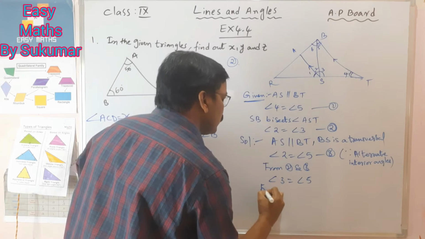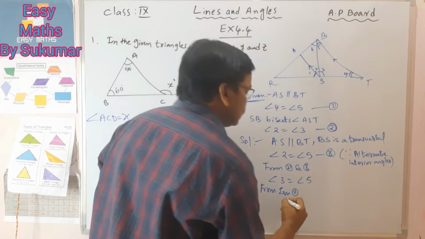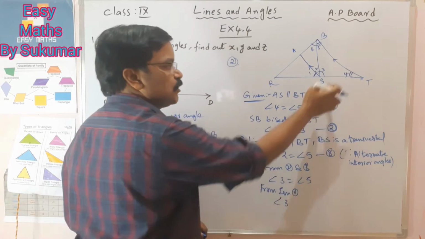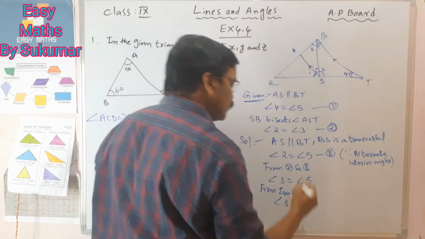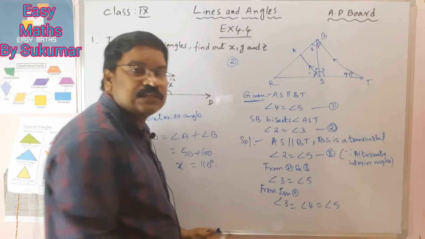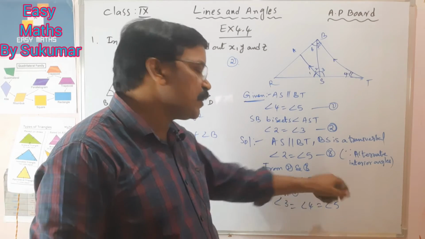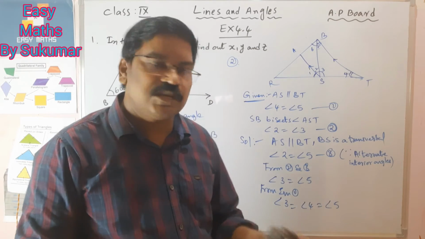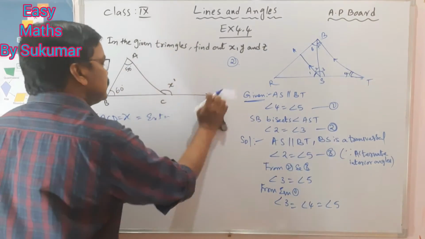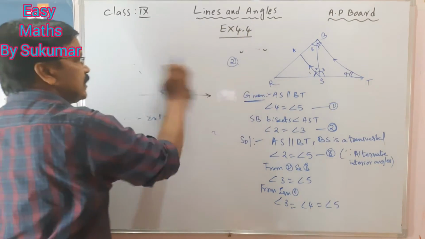So from equation 1, my dear students, 3 is equal to 5, 5 is equal to 4. That means angle 3, angle 4 and angle 5, all these three angles are equal. So this triangle BST is an equilateral triangle.